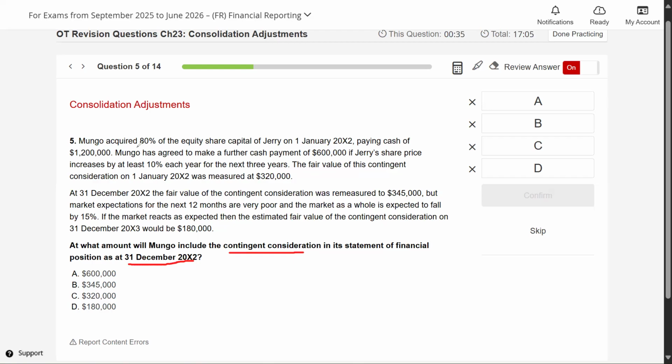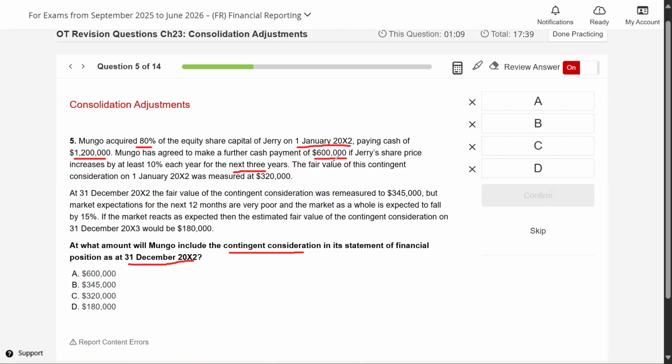Mungo acquired 80% of the equity share capital of Jerry on 1st of January 20x2, paying cash of 1.2 million. Mungo has agreed to make a further cash payment of 600,000 if Jerry's share price increases by at least 10% each year for the next 3 years. So they have agreed to make this consideration, which is contingent, if Jerry's share price keeps on increasing 10% every year for the next 3 years.